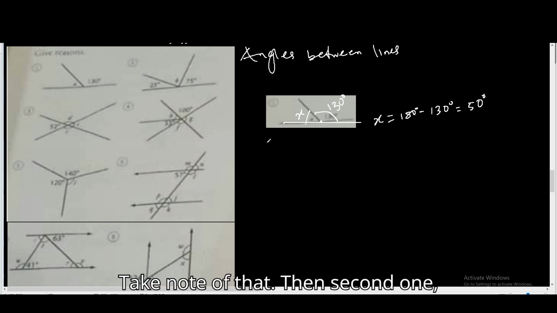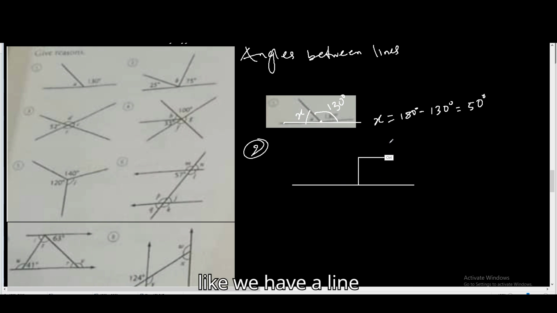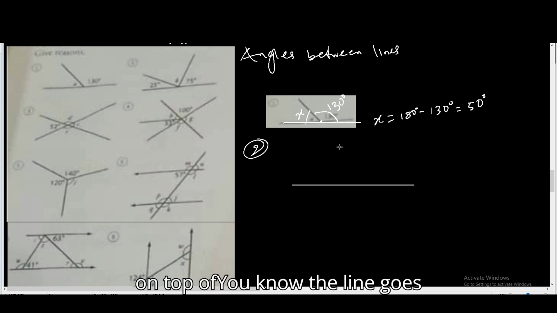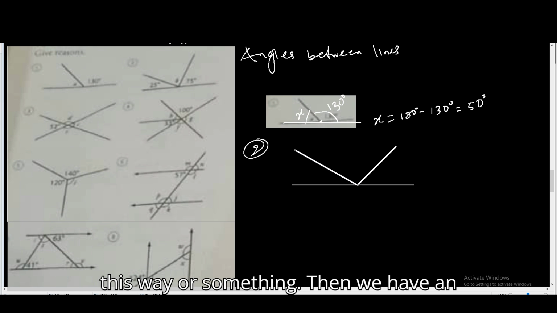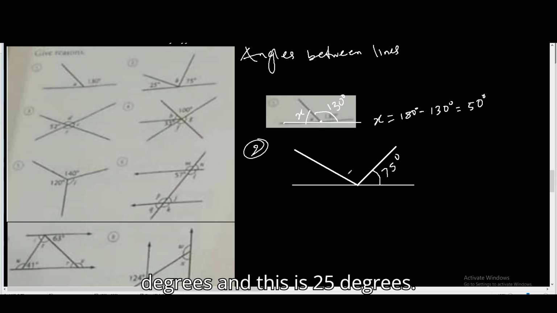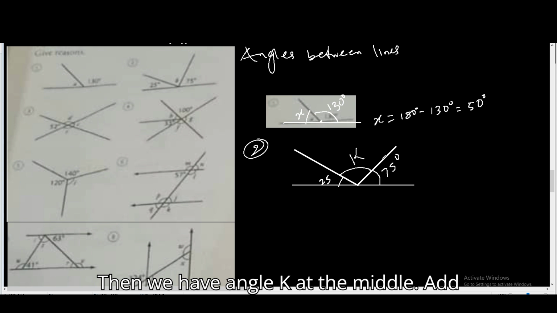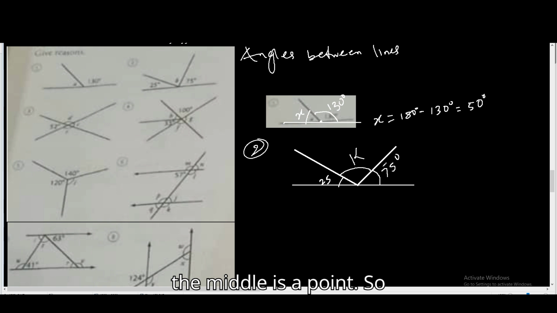Take note of that. Then second one, we have the same kind of question here. Like we have a line on top of, the line goes this way and another line comes this way or something. Then we have an angle at the middle. They said this is 75 degrees and this is 25 degrees. Then we have angle K at the middle. Add the three of them together to get 180 because they're on a straight line and they meet at a point.